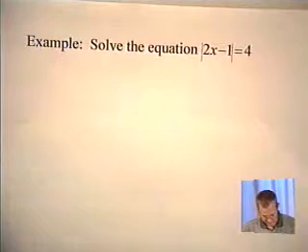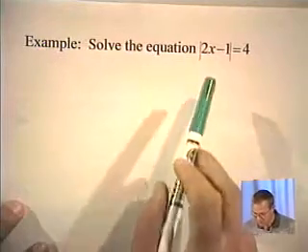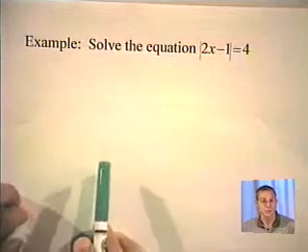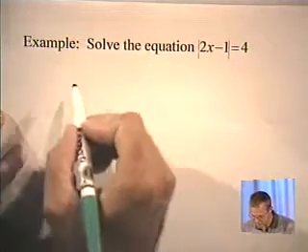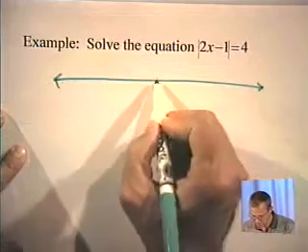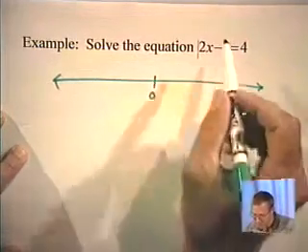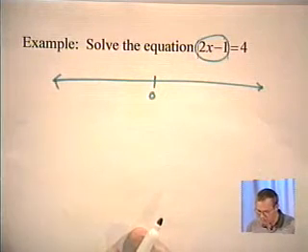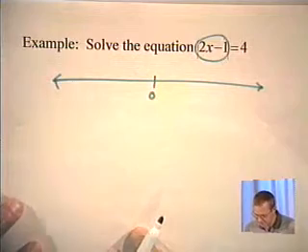Now let's put a real number in here and try another example. Let's solve this equation. The absolute value of this number, 2x minus 1, is equal to 4 units away from 0. So I'm going to draw a number line. If this number is 4 units away from 0, we have to figure out where this number lives on the number line.